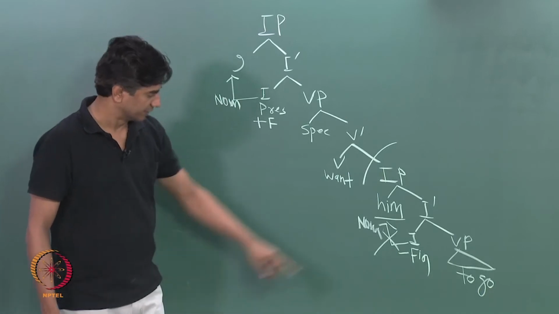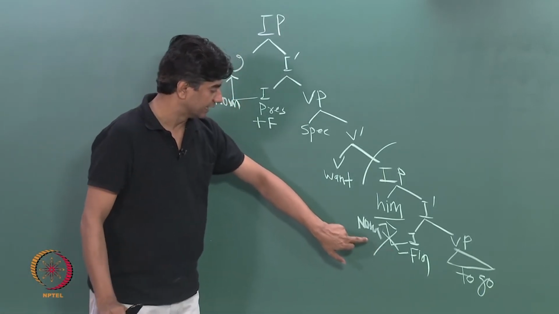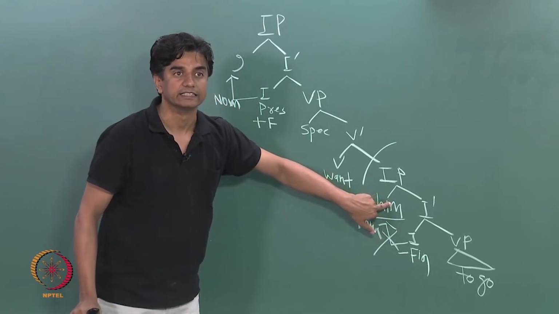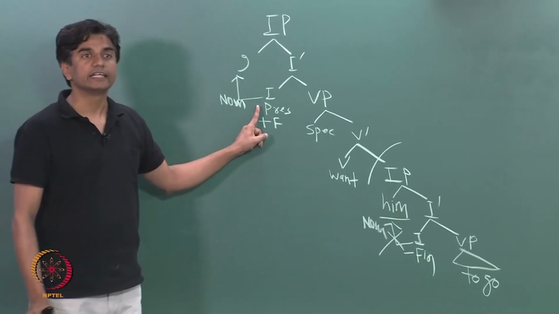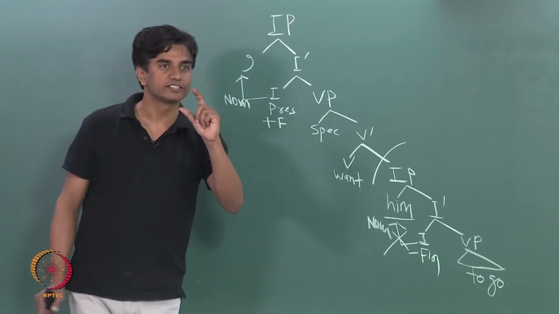Here is what happens. Once we are clear that this I does not assign nominative case to this NP, then we know what is about I that assigns nominative case. It's not just the I which assigns nominative case.